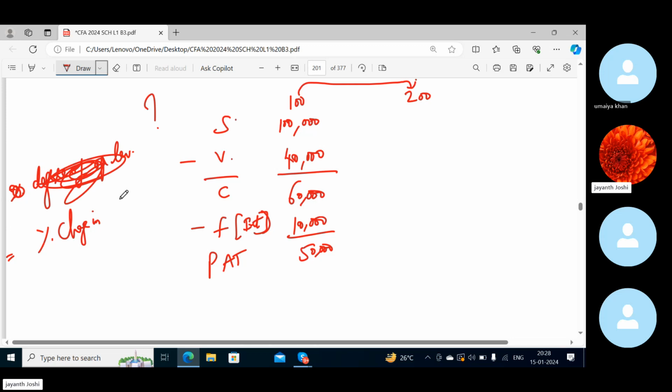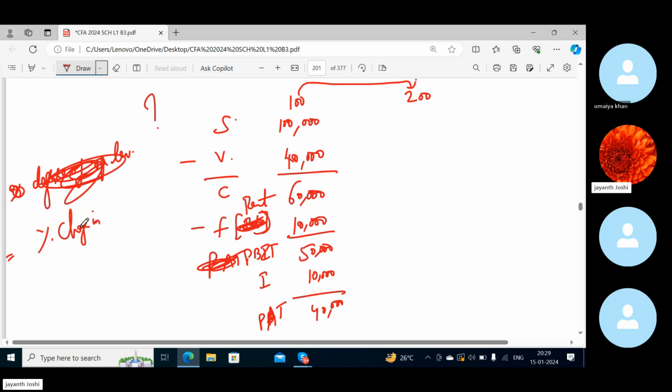Percentage change in... okay, it's not going well. Okay, let's take this fixed expense, rent. 50,000 is PBIT. Then interest we will remove, 10,000. Then you get 40. This is PBT, profit before tax, or profit after tax. Let's say no taxes.